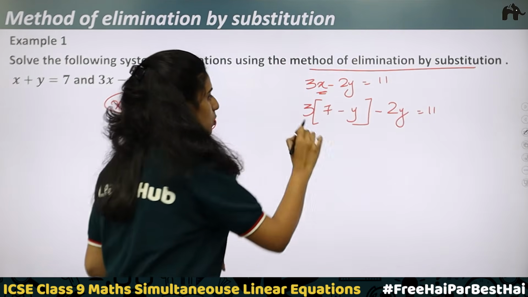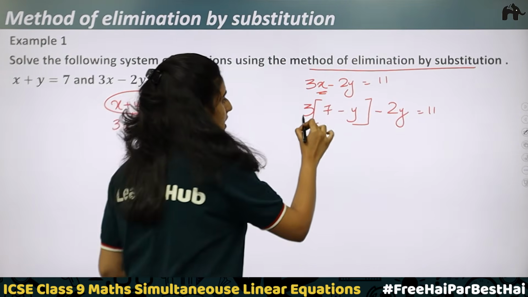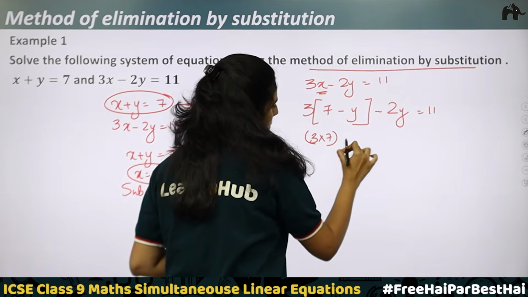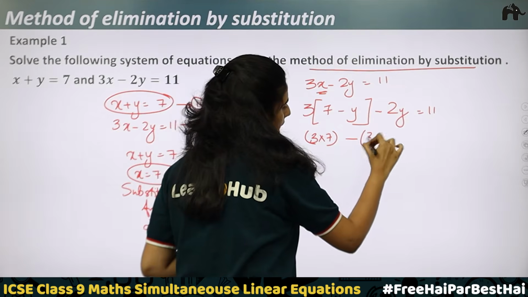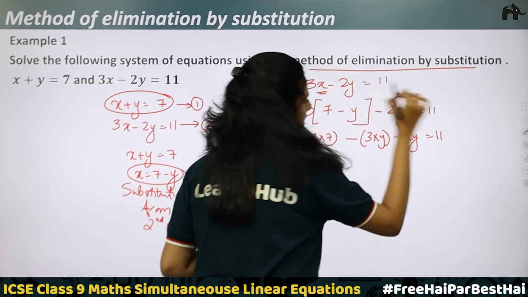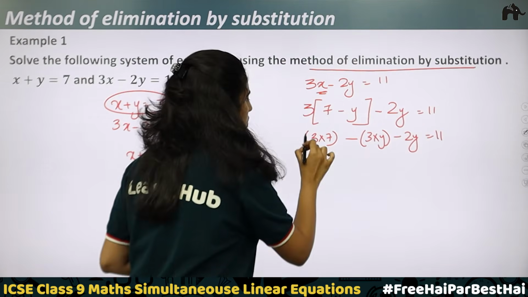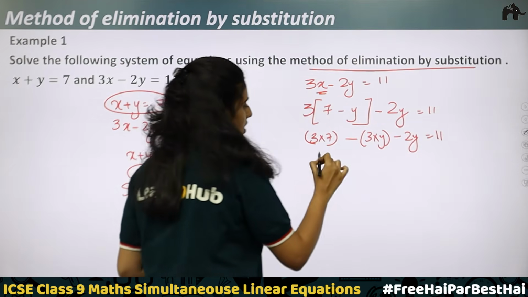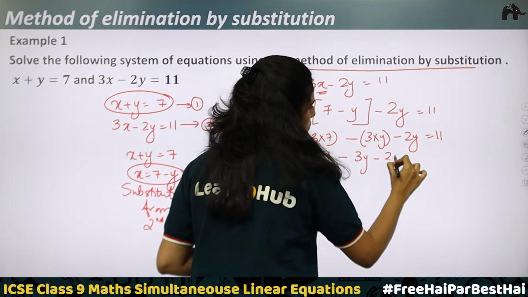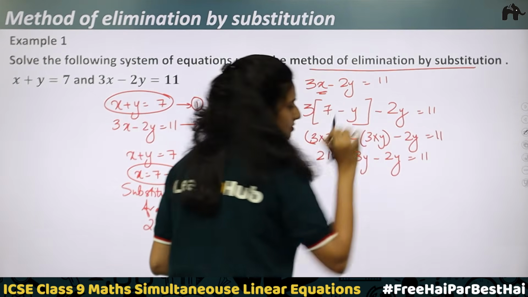Removing the brackets and multiplying: 3 into 7 minus 3 into y minus 2y is equal to 11. What is 3 into 7? 3 into 7 is 21, minus 3y minus 2y is equal to 11.